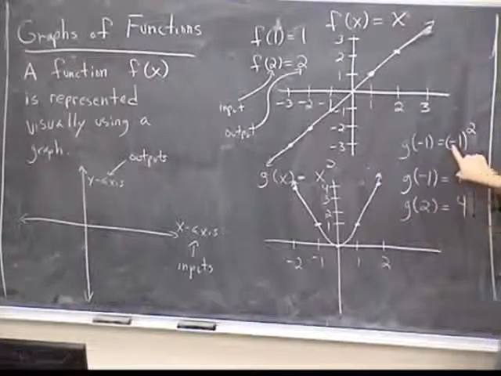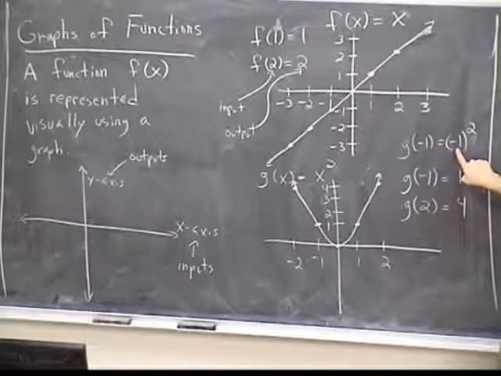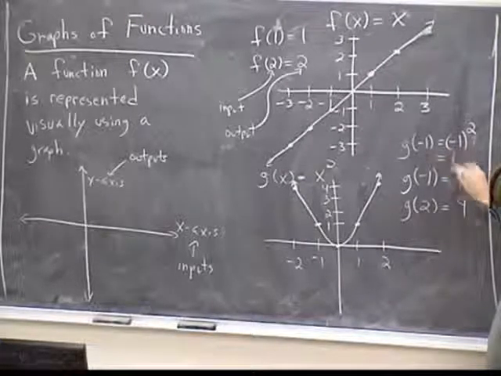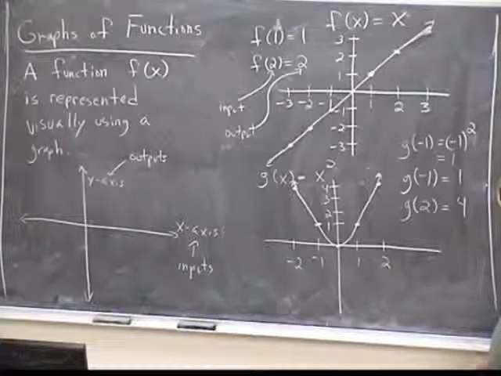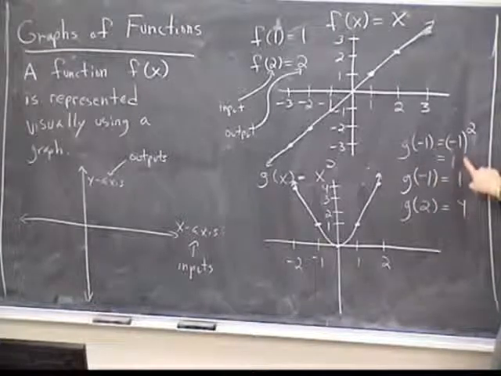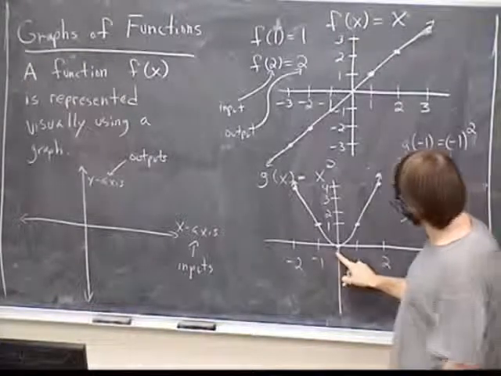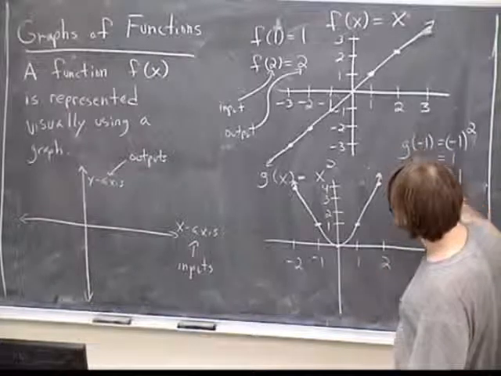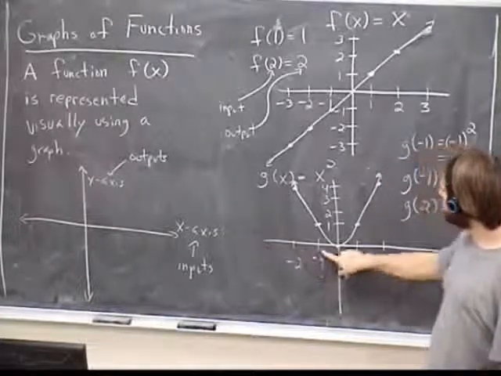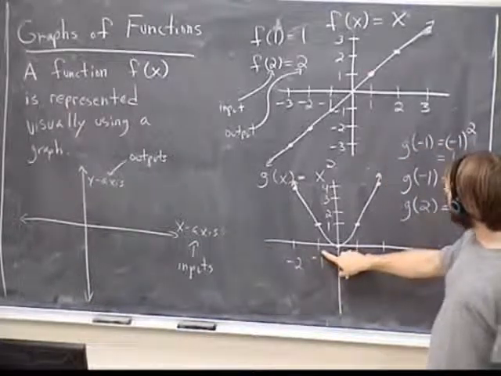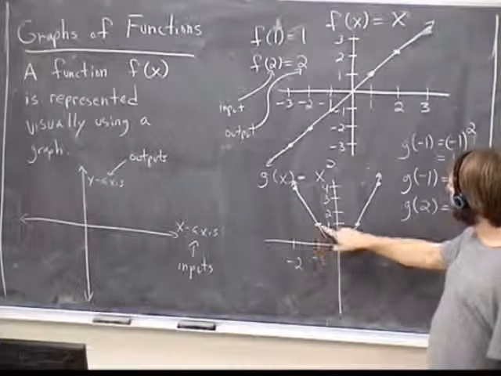Right? Here the negative sign is inside the parentheses. So we get 1. And now we can see this on our graph. If we go to where our input is -1, so right here, then our output at that point will also be 1.